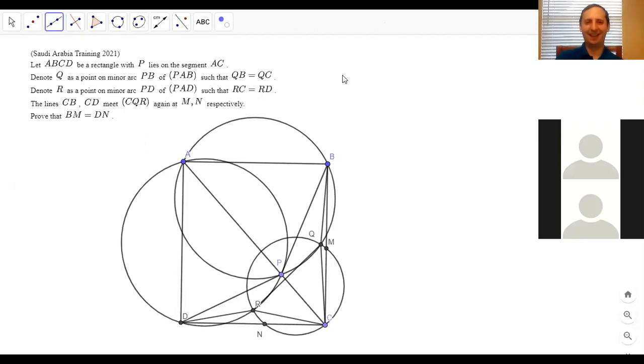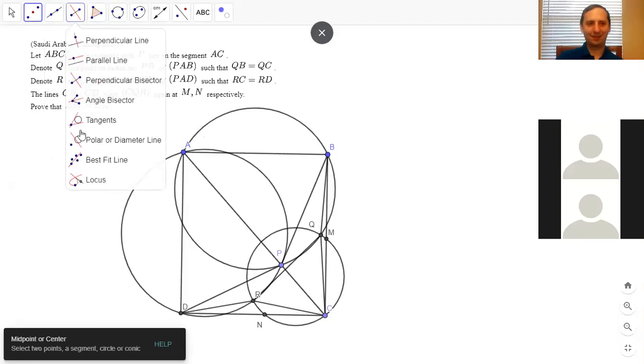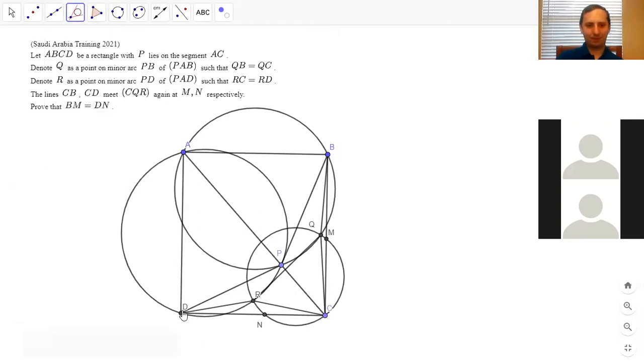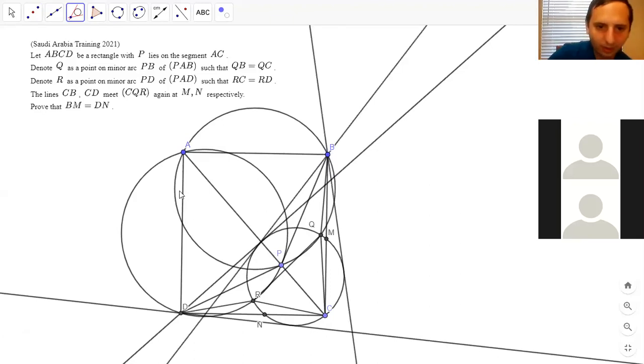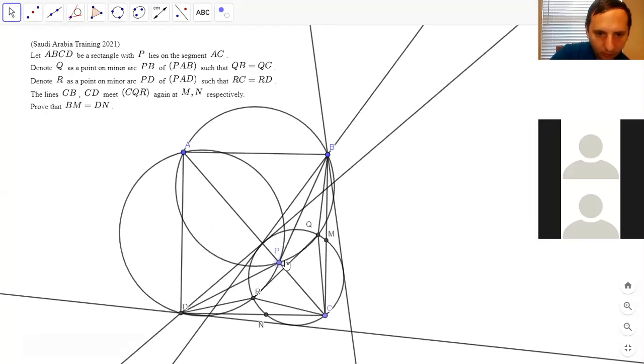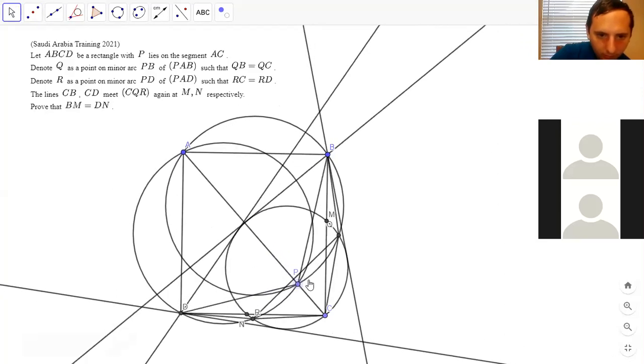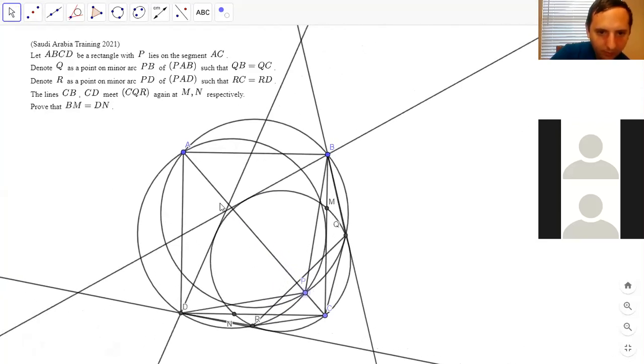Oh, yeah, you've seen similar ones. What happens as I move P along the diagonal? It almost looks like, okay, yeah, you can see the tangents don't really concur.